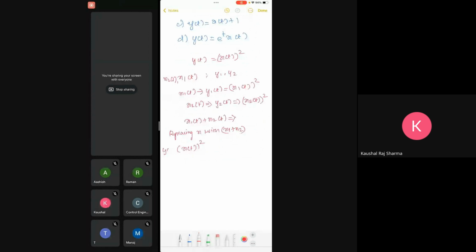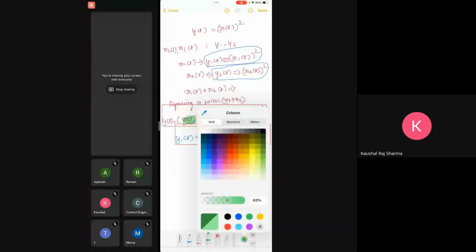So if x of t the whole square is your original equation, right? If I just replace this part with x1 plus x2, we know y1 of t is equal to this and y2 of t is equal to this. I am going to add y1 of t plus y2 of t. What will it give? x1 of t the whole square plus x2 of t the whole square. So now consider these two.